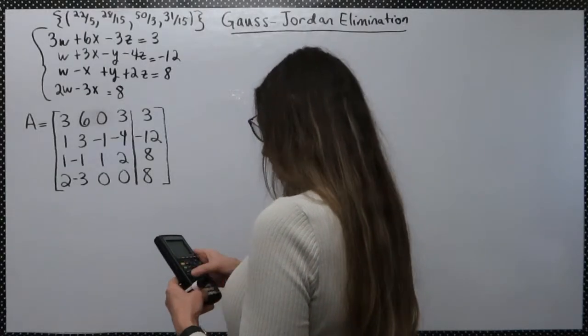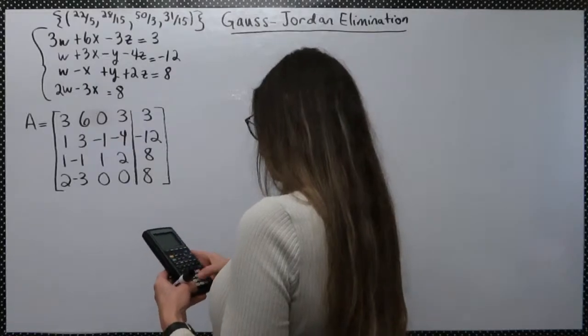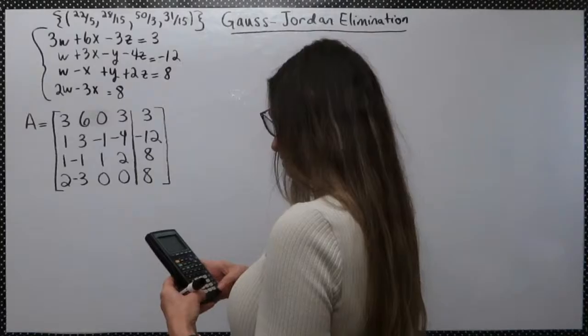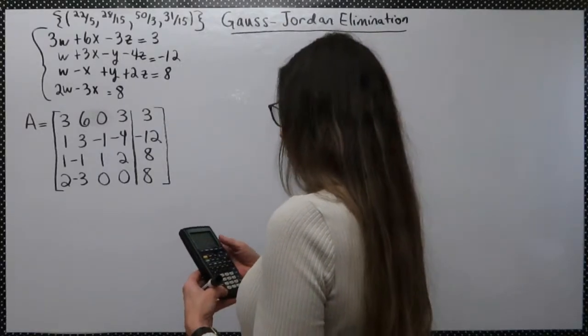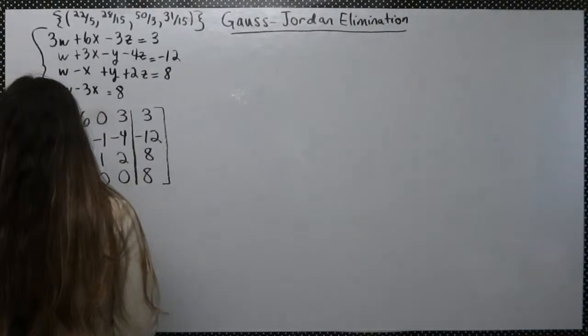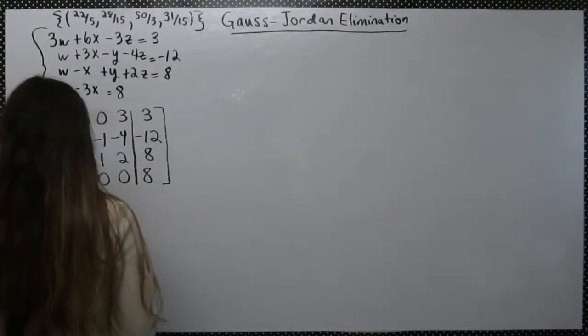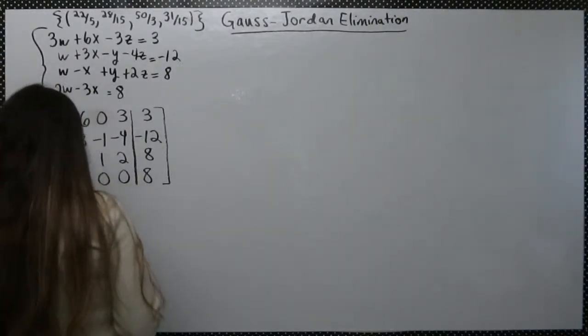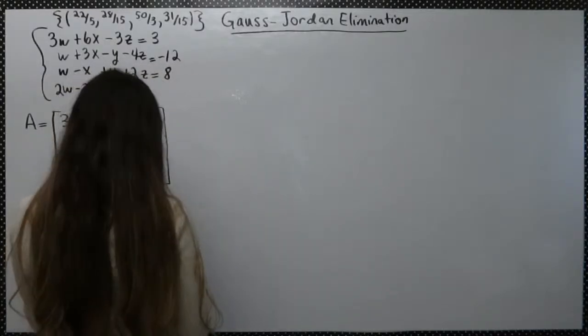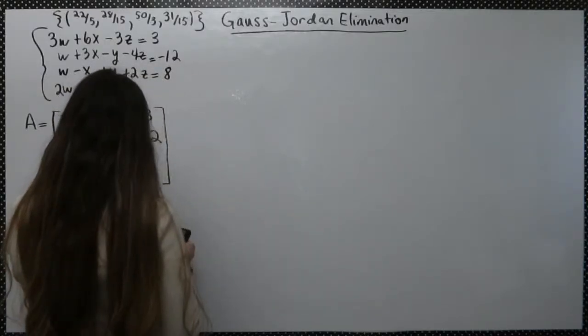Let's try that again. Second matrix 2 inverse math 1. Enter. Perfect. So let's go ahead and write out the A inverse. And it's a little bit different. 1/2, -3/4.